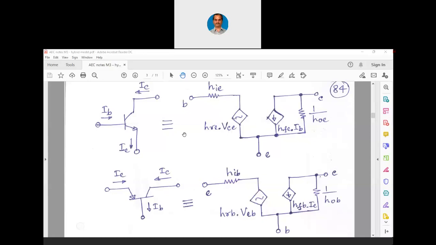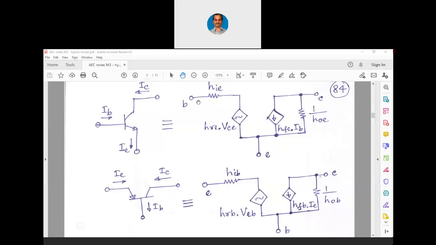That way, these two have their own parallels. If the RE model is meant for a quiescent condition, the hybrid model is meant for any condition, but they have relationships. So in the quiescent conditions, HIE equals beta into RE, HFE equals beta, and 1 over HOE equals R0. That way, we can straight away use this model.